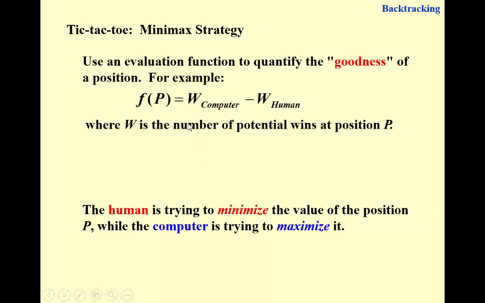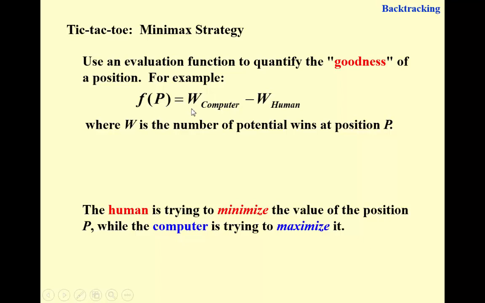So the key is to design a good function that can quantify the goodness of a position. Quantify means to map a position into a number. And this is a very simple example of such a function. To the computer, this number is, say, the larger the better. And the human will try to make this number as small as possible.